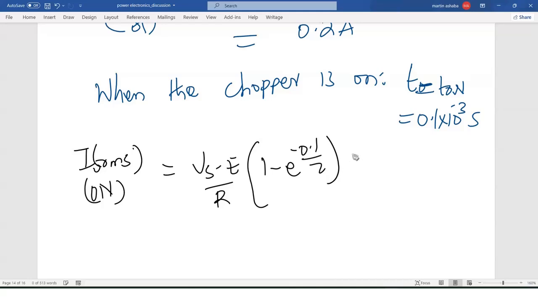Then we are adding 0.7276 times exponential of negative 0.1 divided by 2.